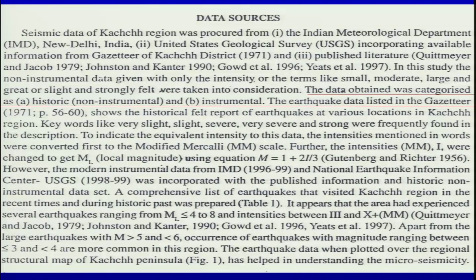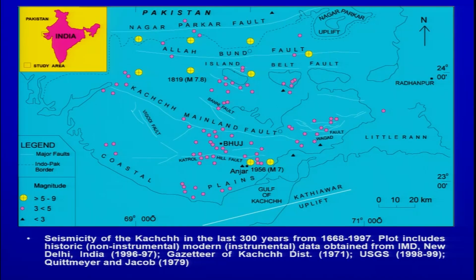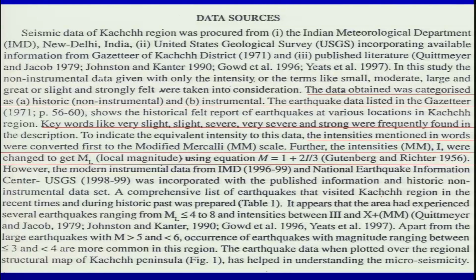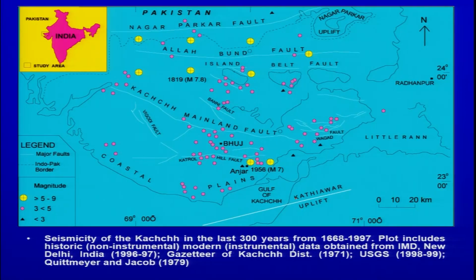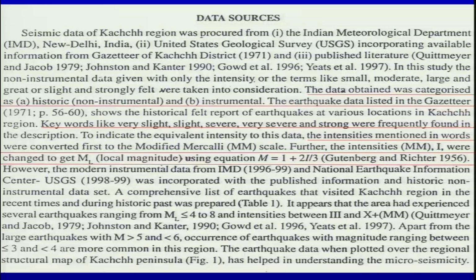Okay. So this is what we did for the Kutch region, and what we concluded is that we prepared a complete table, and with the appropriate locations of the epicenters, we plotted those earthquakes on the structural map. This is the structural or geological map which we prepared, and it shows that the area had experienced several earthquakes ranging from magnitude less than or equal to 4 up to 8, with intensity ranging between 3 to more than 10.